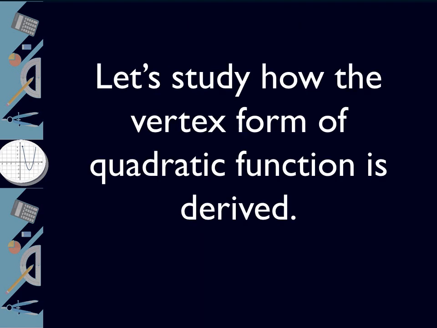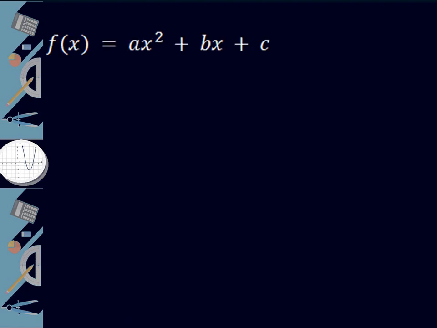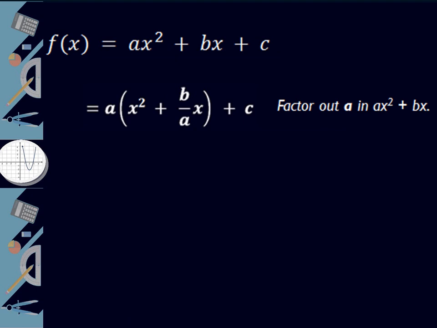Let's study how the vertex form of quadratic function is derived. Given the function f of x equals ax squared plus bx plus c, we are going to factor out a in ax squared plus bx, and then we come up with a times the quantity x squared plus b over a x, plus c.